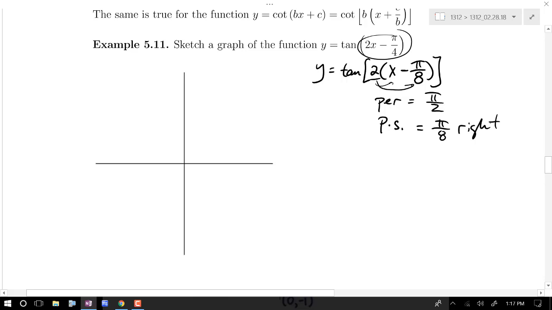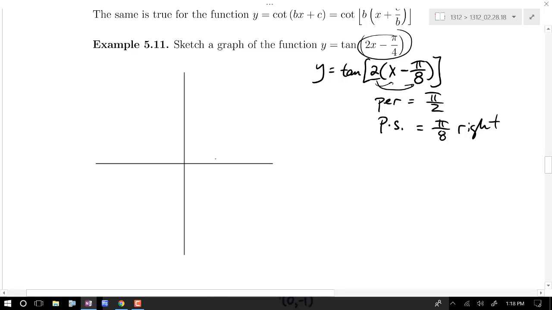So with sine and cosine, once we find the period, we cut it up into quarters, and we do that a little bit first with the tangent function. But the first thing I do is say, okay, I've got a period. I'm first going to graph this without a phase shift, just like we did with sine and cosine.